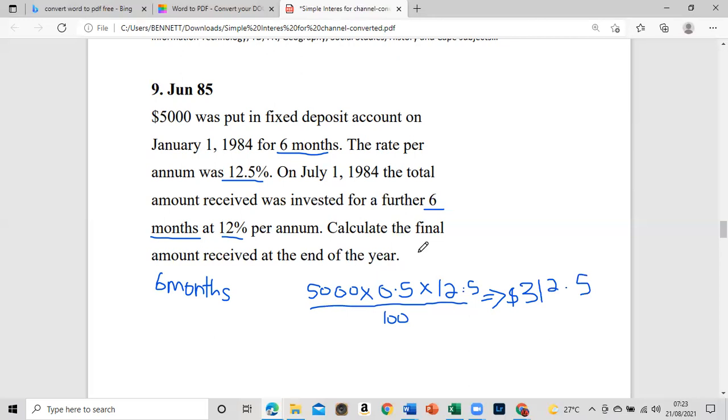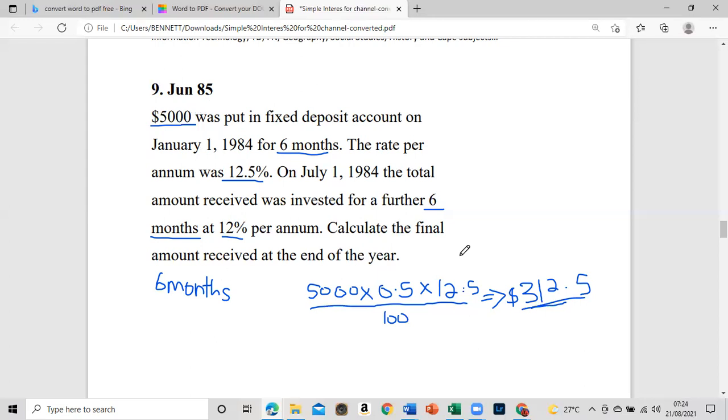All right. So it's the same 5,000 invested. However, this I got added to it, because remember after 6 months, whatever I gained on it, that goes on the principal now.